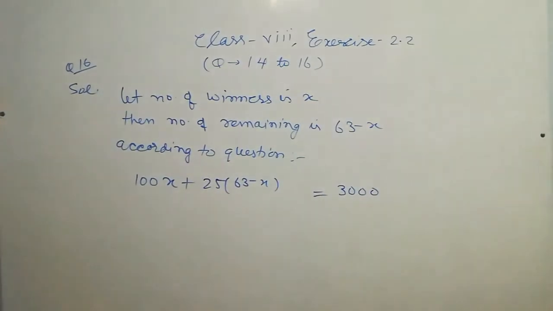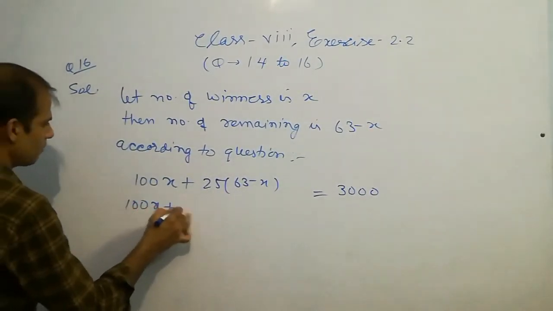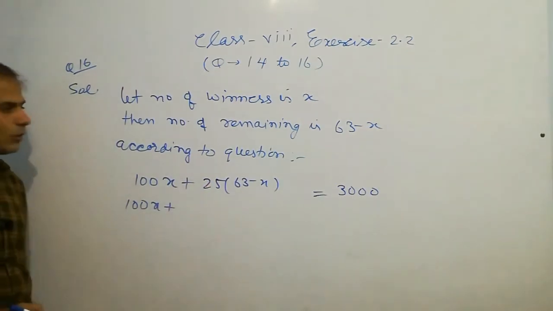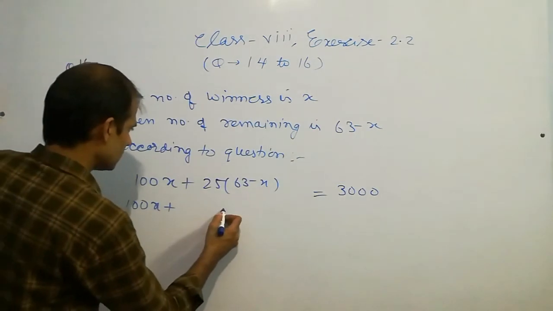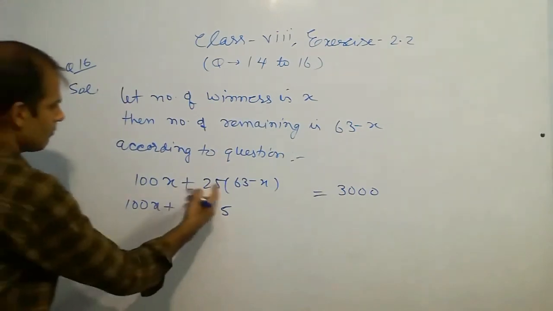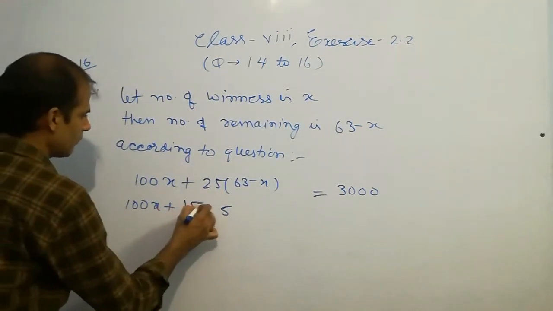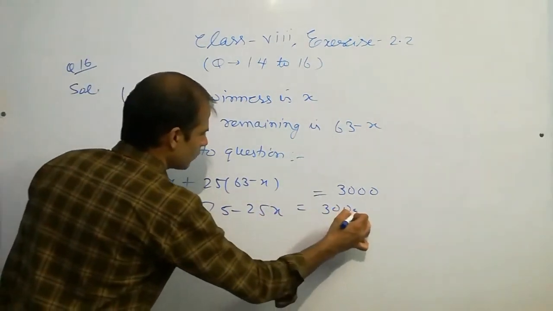Now we have to solve this equation. It is 100x plus, what is the product of 25 and 63? 25 times 3 is 75, 7 carry, it is 150 plus 7, 1575, and minus 25x equals 3000.